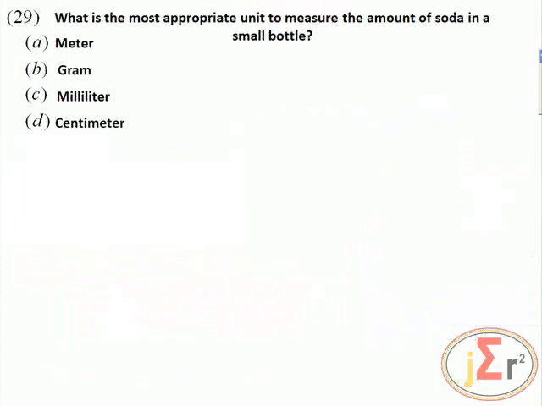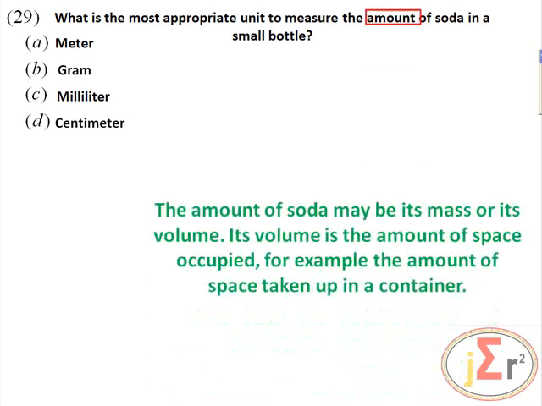What is the most appropriate unit to measure the amount of soda in a small bottle? That's a very good question. What is the most appropriate unit to measure the amount of soda in a small bottle? Amount.